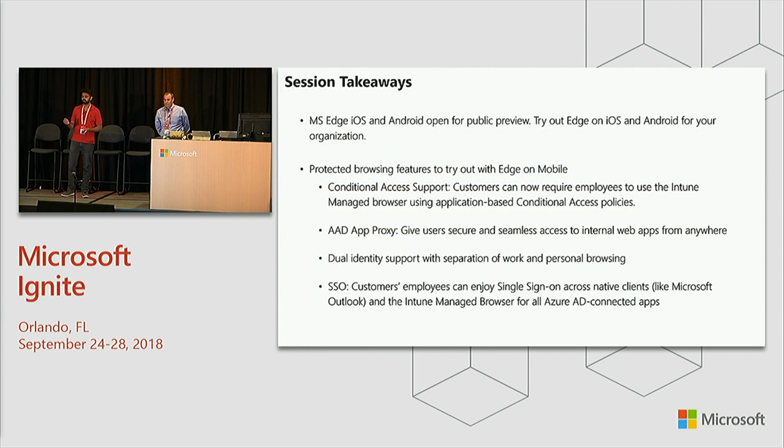So the most important takeaway from the session, Edge on iOS and Android with all the manageability features is available on the App Store and Play Store as of today. We're in public preview. You guys can go install that, test it out with your test tenants, and we would love to hear your feedback around how we can improve it and what are the things we can go to solve additional enterprise problems.